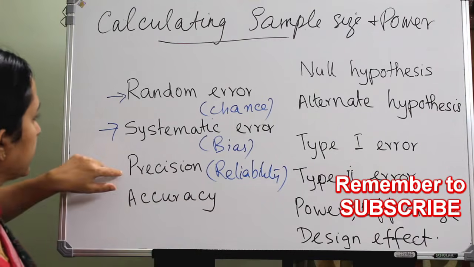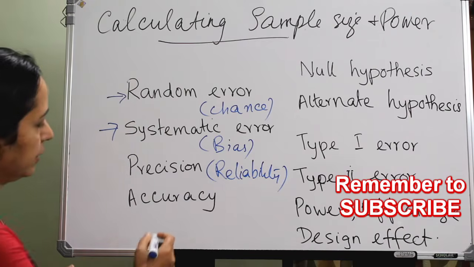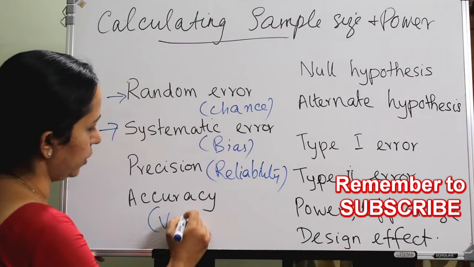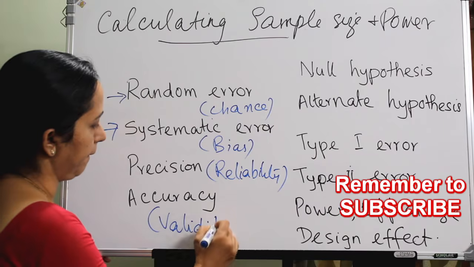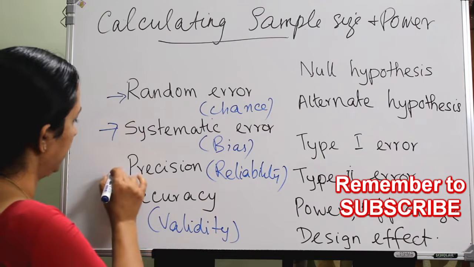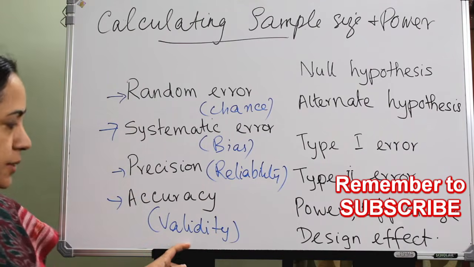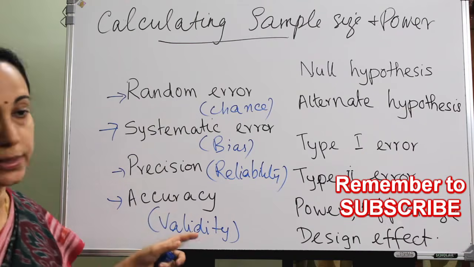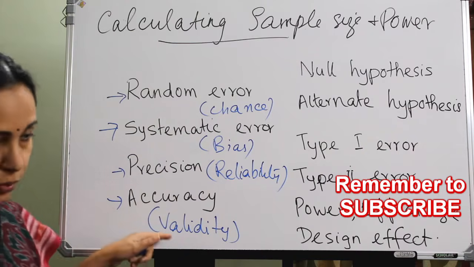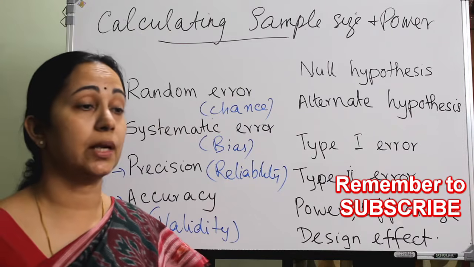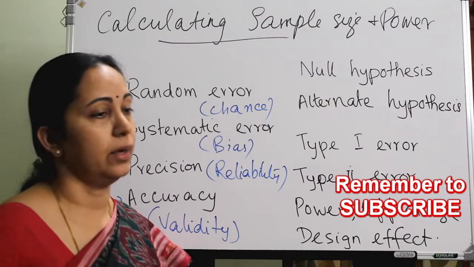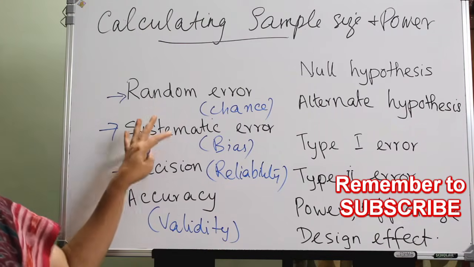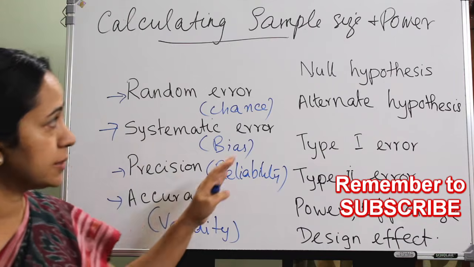And actually, precision is a measure of random error, and accuracy, otherwise called validity, is a measure of systematic error. All these four were described along with the class on validity of study design. Okay, so you may refer to that. I am not going into details.